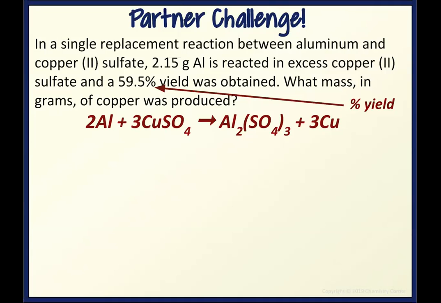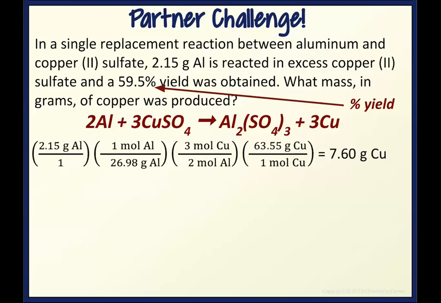Now, what are we given? We're given 2.15 grams of aluminum. So we're going to change the 2.15 grams of aluminum to moles of aluminum, change that to moles of copper, change that to grams of copper, and that's going to be our theoretical yield. Our theoretical yield of copper in the end is 7.60 grams.